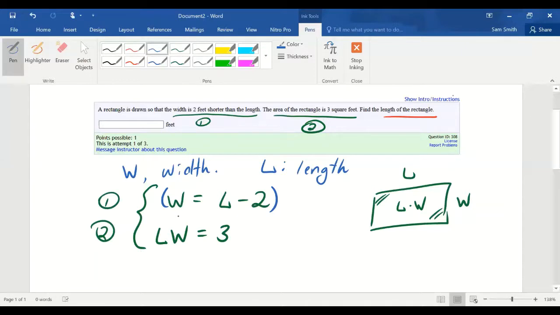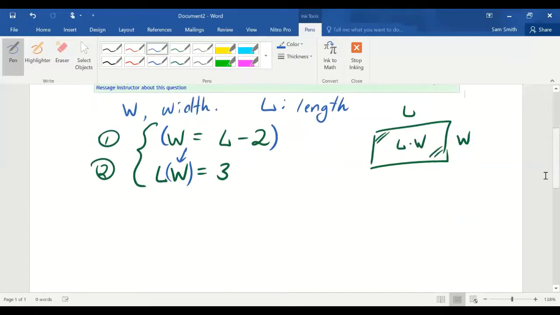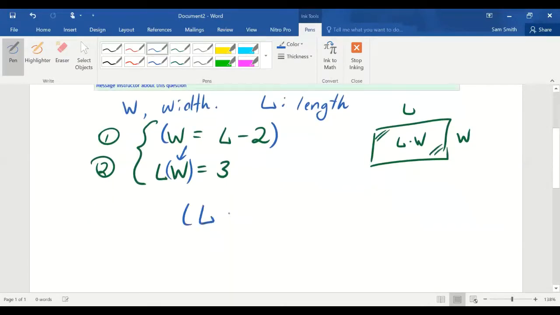In particular because in the first equation, W has already been isolated, which means I can substitute the W in the second equation for its alter ego, L take away 2. So that brings me to the equation L times (L minus 2) equals 3.